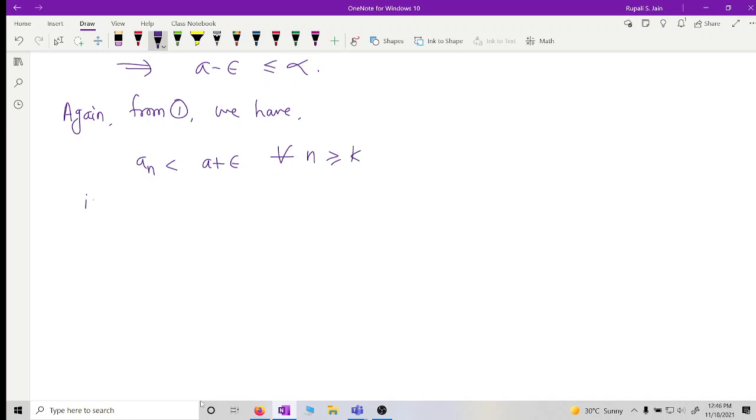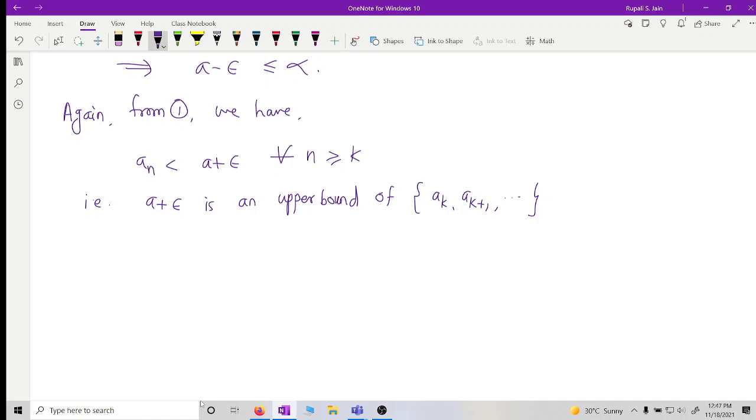That is, A plus epsilon is an upper bound of the tail of a_k, a_{k+1} and so on. Is that right?